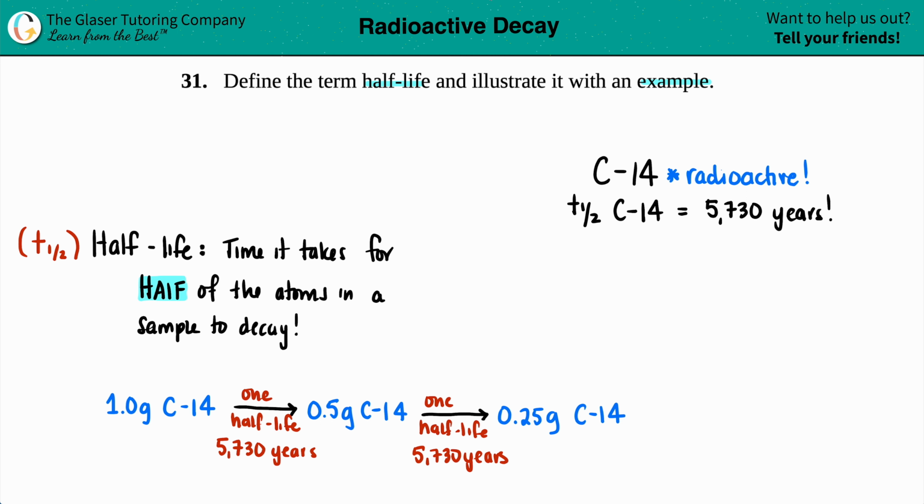If you do it again, it's 0.125 grams from 0.25 grams. Now you're 15 thousand plus years deep, and you still have carbon-14 for a tree, at least. So to get down to 0.125 grams from a 1 gram sample, you add these years up: 5,730 years times 3.